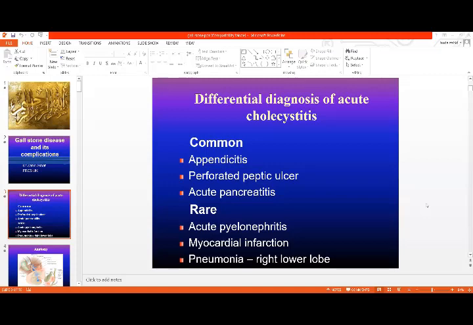So these are the differential diagnoses that come to mind for pain in the epigastric and upper abdominal region, right hypochondrial region.